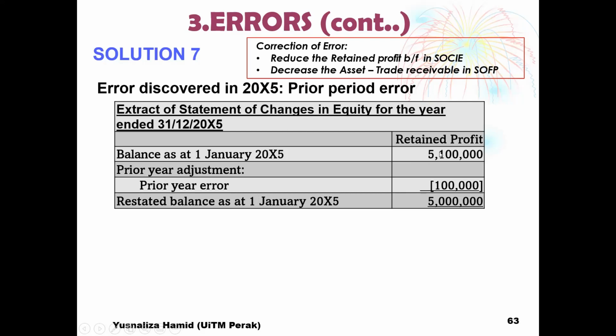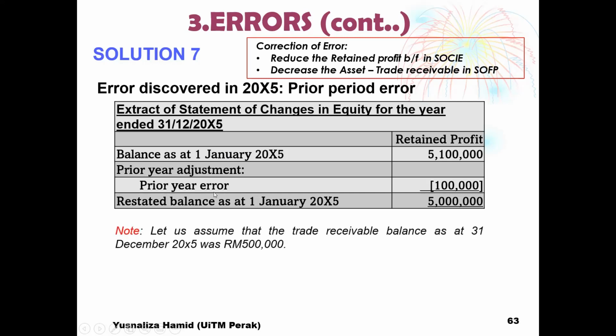So you have the balance as at 1st January, and this is the prior year adjustment, which is the error. And at the end, you need to restate the balance. The balance was reduced by 100,000 to become 5 million. The opening balance of the retained profit was adjusted. Next, let us assume that the trade receivable balance as at 31st December 20x5 was 500,000.